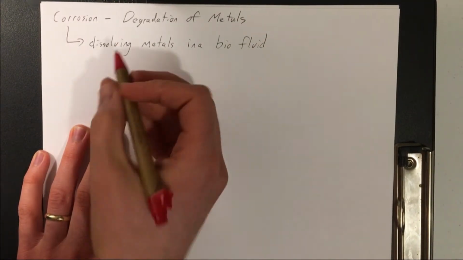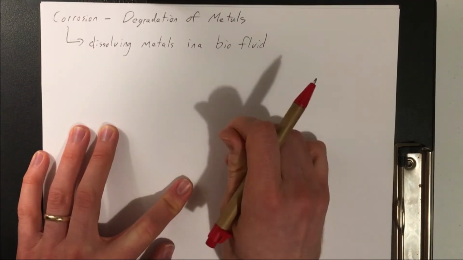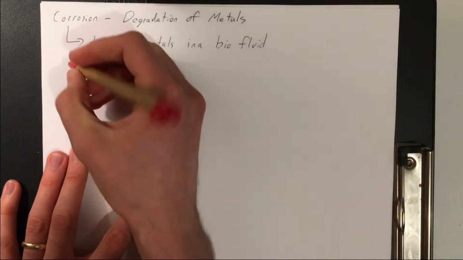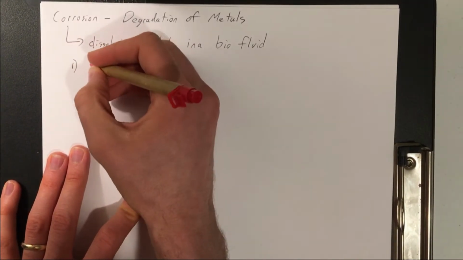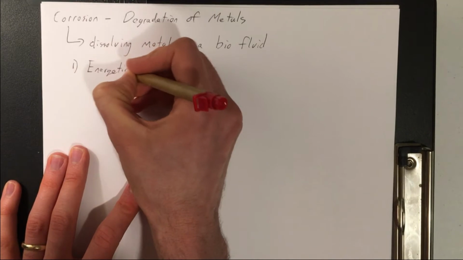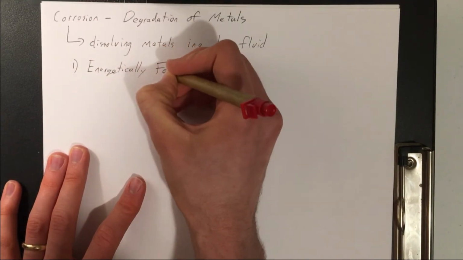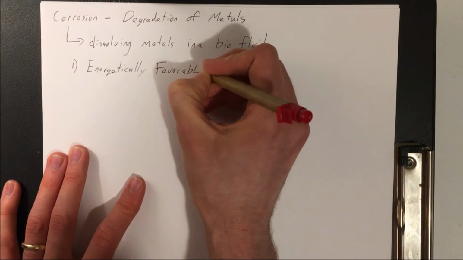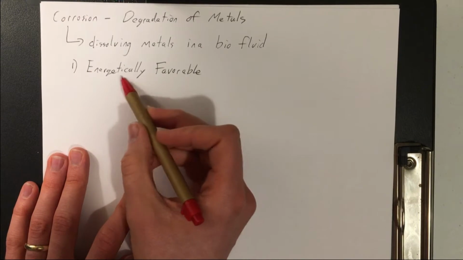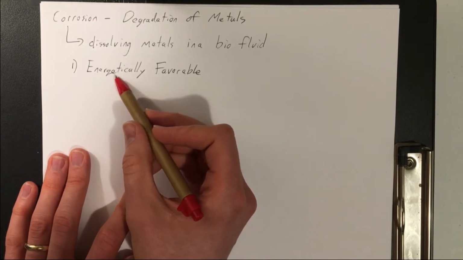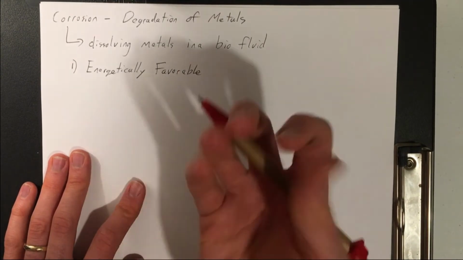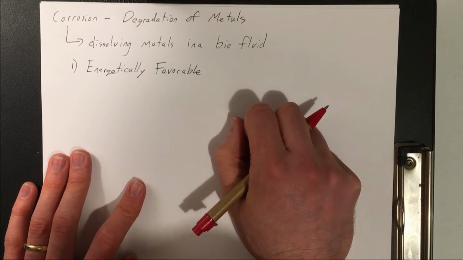And in order to have that solvation take place, we need basically two things to happen. One is it needs to be energetically favorable. Right? And if we anthropomorphize the metals, we'd like to think of those atoms of metal, they would rather be ions dissolved in solution than as solid parts of the metallic material that we've implanted.